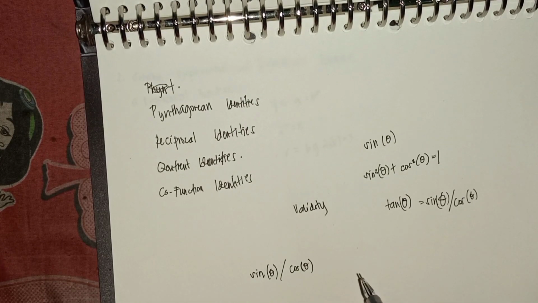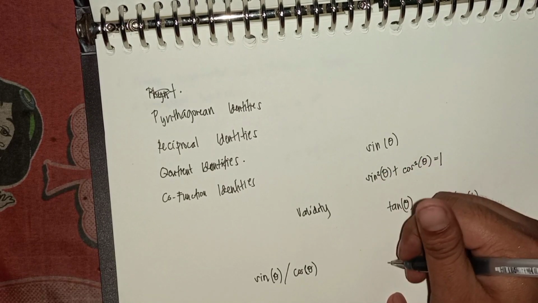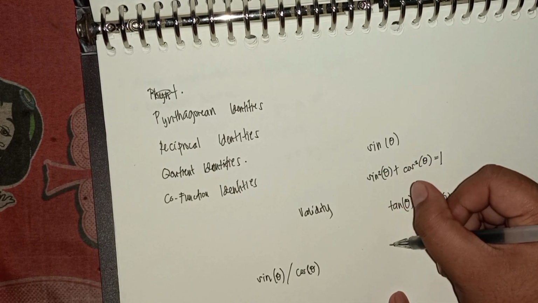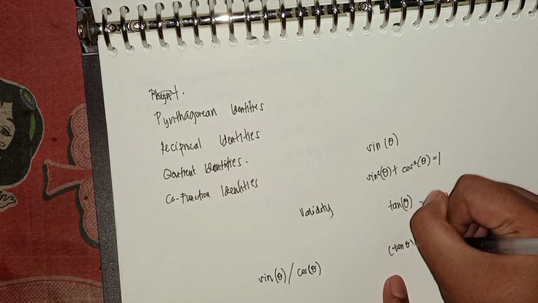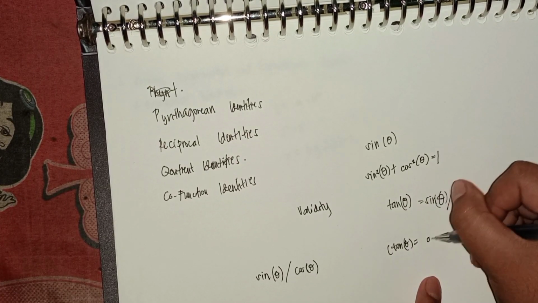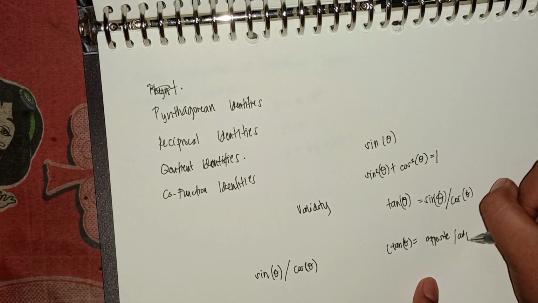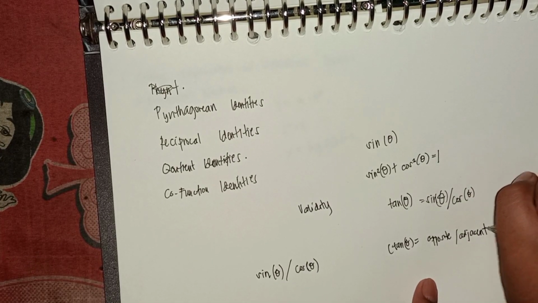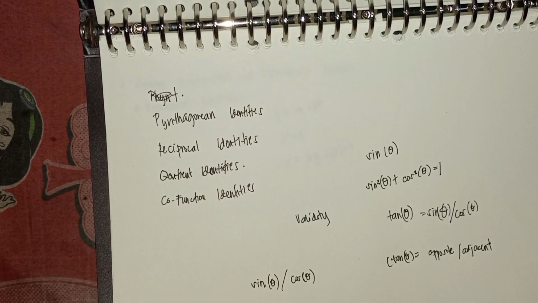This is equal to tan theta according to the definition of tangent, which is opposite over adjacent. Hence, the identity is proved.